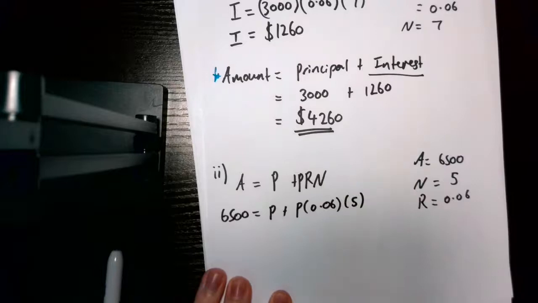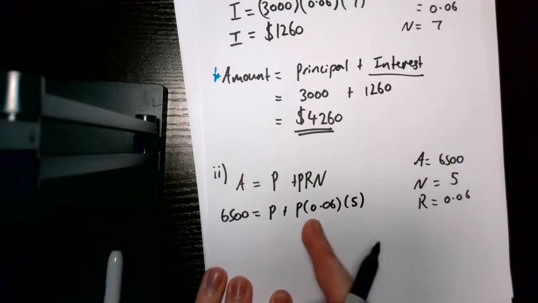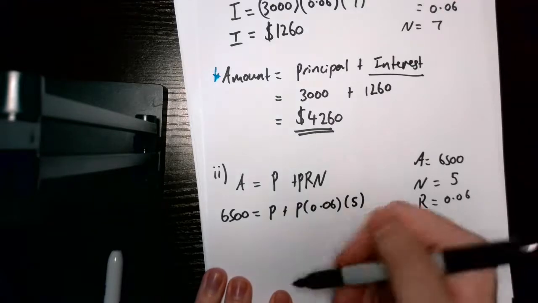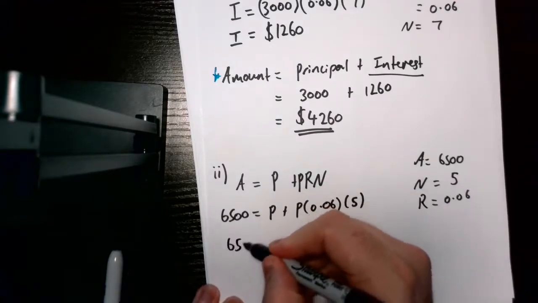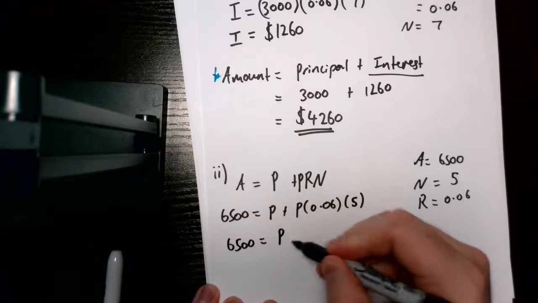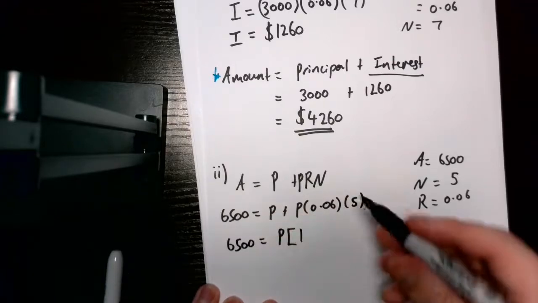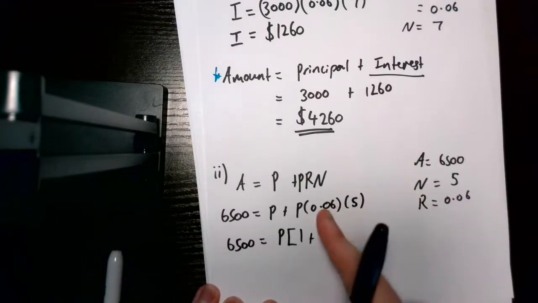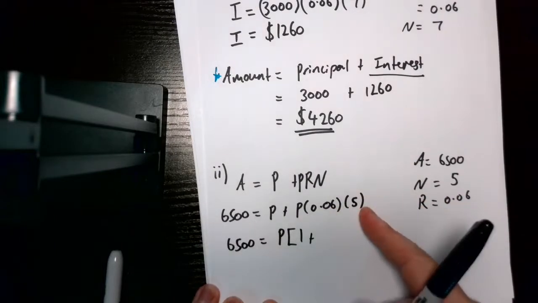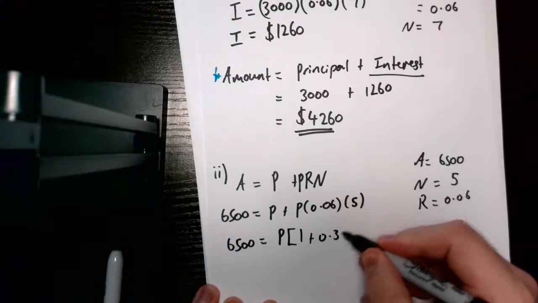What you might notice is that there's a common factor on both terms. So I'm going to factorise out this P so you can see what's going on. I end up with P outside of the bracket, 1 plus 0.06 times 5, which is 0.3.